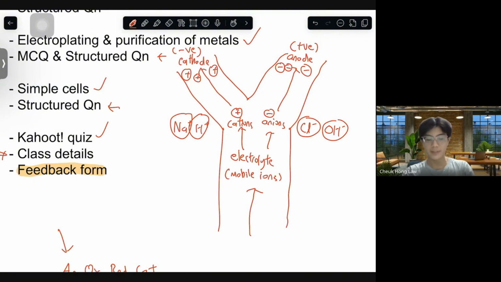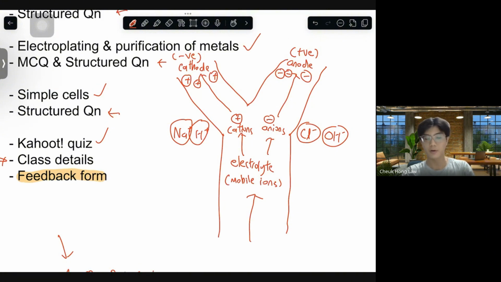Now the problem is we have more than one type of cation. Here we have sodium, here we have hydrogen. Here we have chloride, here we have hydroxide. So this is like a race, and there can only be one winner. Only one cation and one anion will be selectively discharged, meaning they will turn from ions to atoms. That's what discharge means.